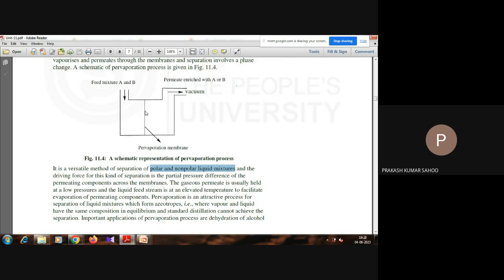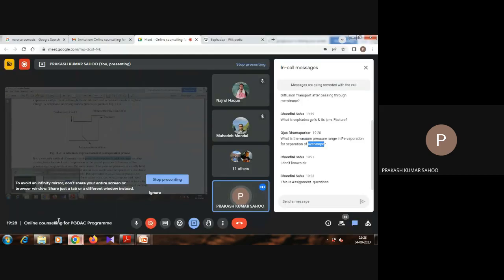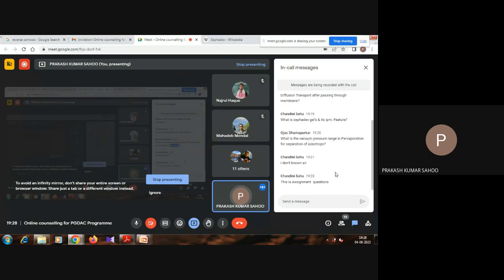So this will separate the components of the azeotropic mixture. I think this will be the answer for this question. The boiling point is the same, but the components may or may not be the same.